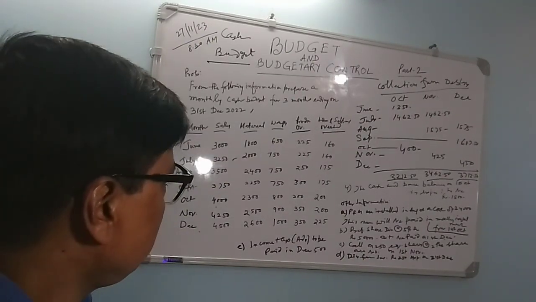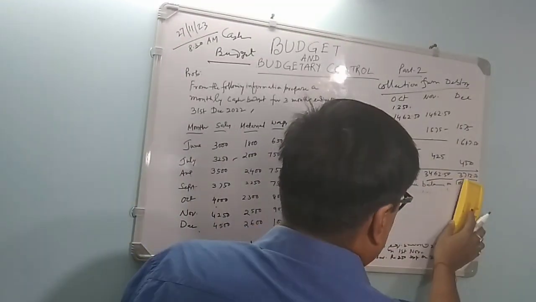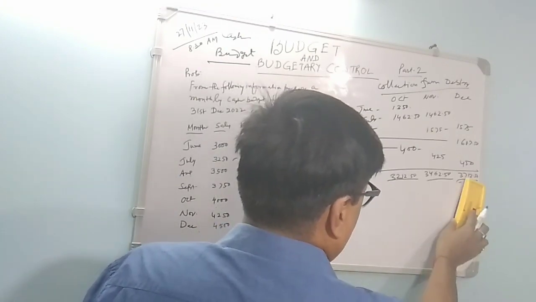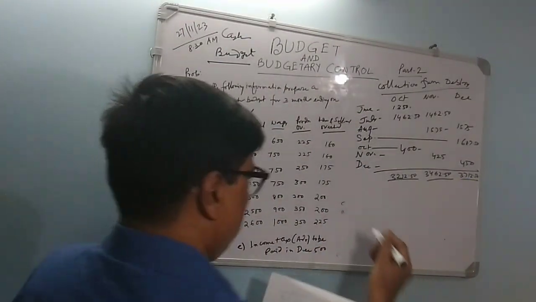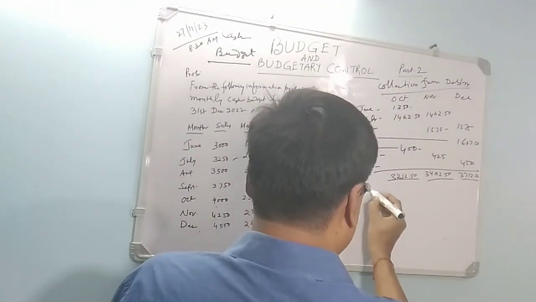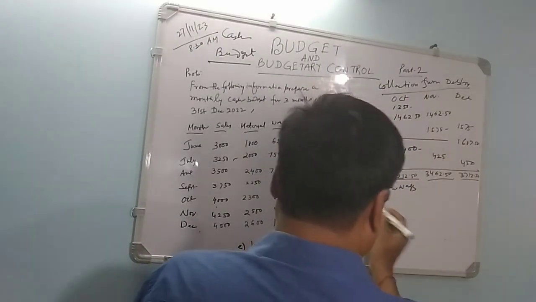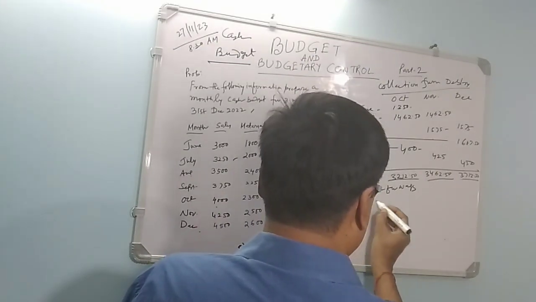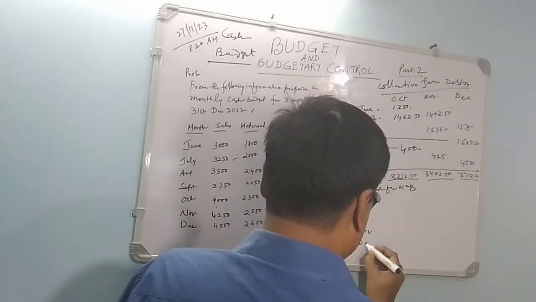Another point we have to calculate for the cash budget is payment for wages, for the 3 months October, November and December.